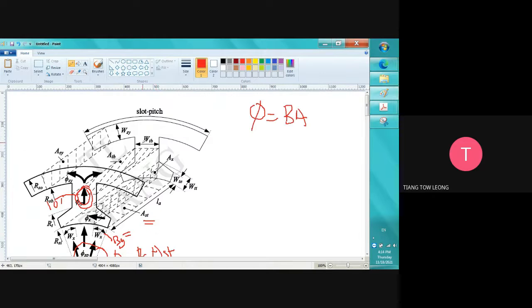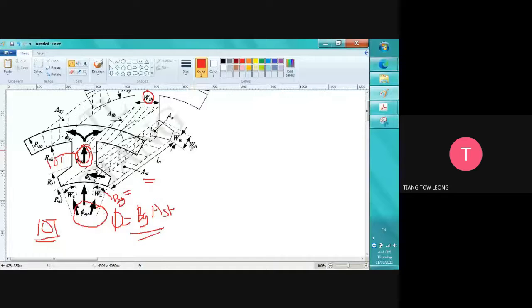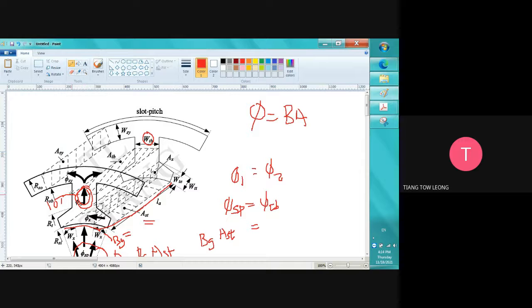If let's say we want to equate to find the WTB, flux 1 equals flux 2. It must be the same. So flux SP must be equal to flux tooth body, whereby flux SP is BG times AST. All the flux flowing through this area will equal all the flux flowing through this area.